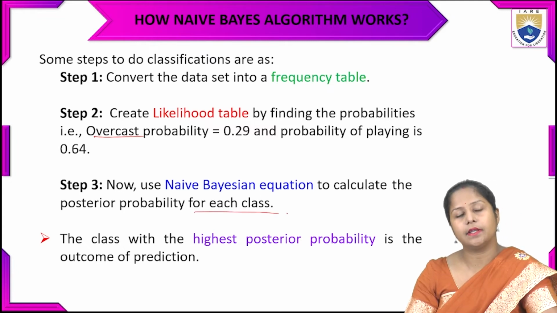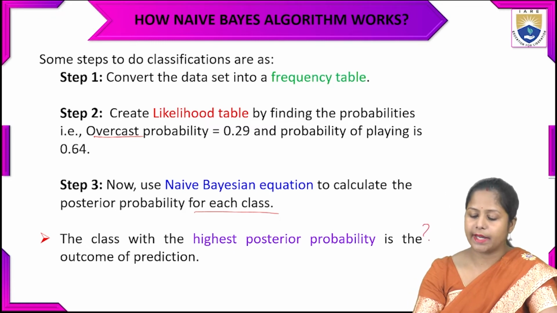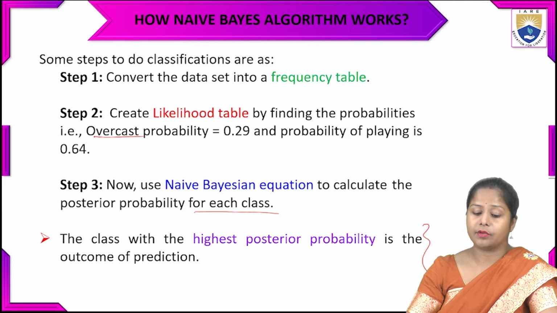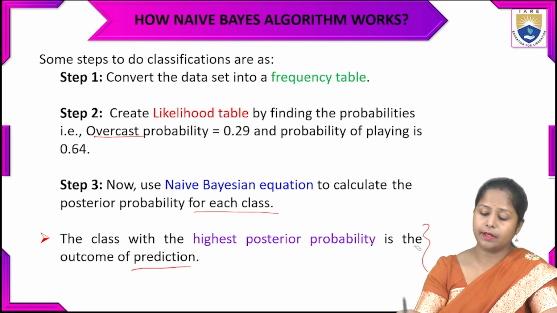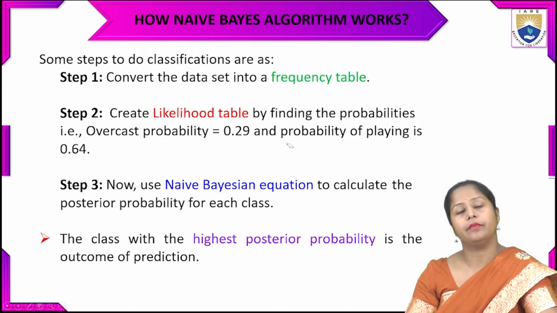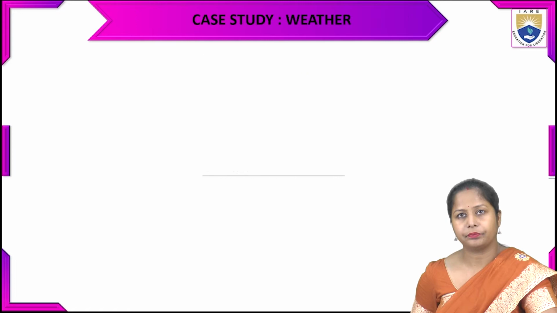So 2 of the classes are there, yes and no. So for that, we have to calculate the posterior probability, that is A given B. So the class with the highest posterior probability will be the outcome of prediction. So the highest probability will be there. So the chances are that the player is going to play outside in that same weather. So that will be the highest posterior probability.